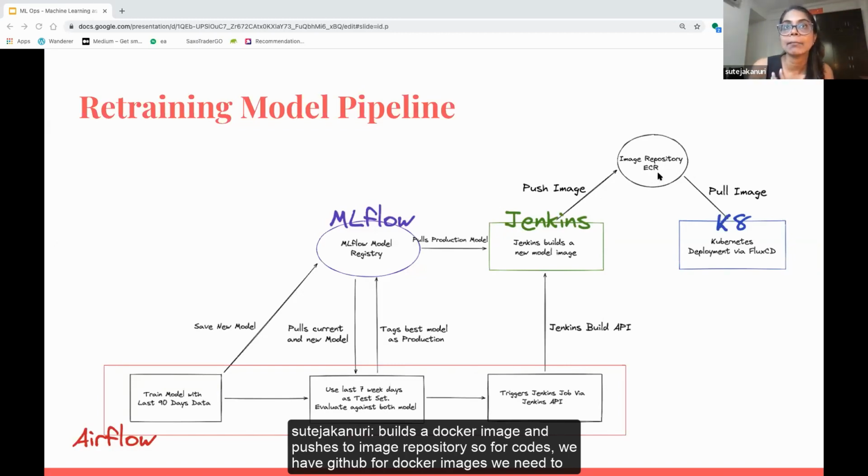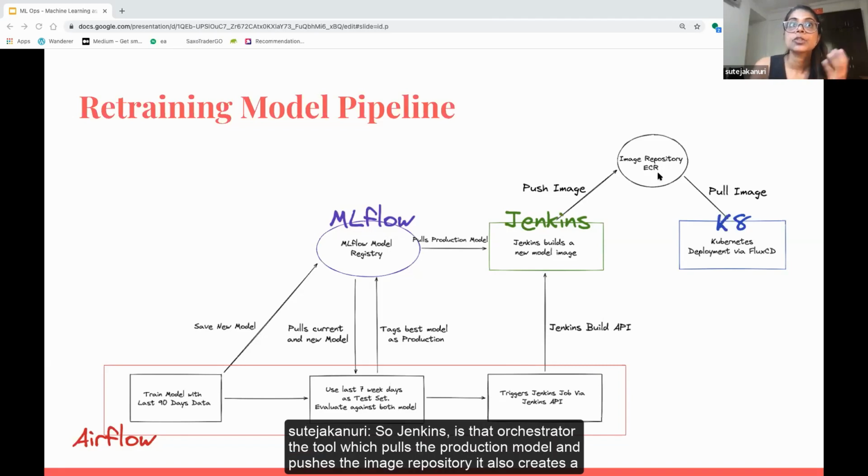So we're using AWS's ECR. So Jenkins is that orchestrator or the tool which pulls the production model and pushes to the image repository. It also creates a pull request to the GitHub repository to change the production tags so that when serving happens, the new model is hit instead of the older model.